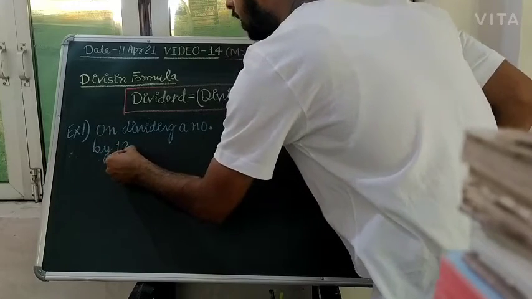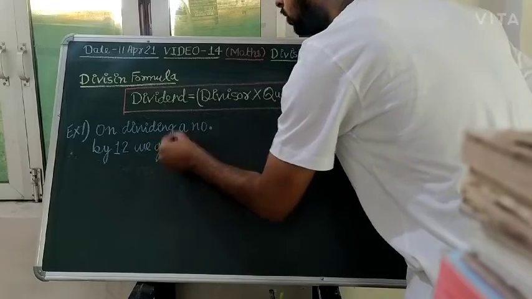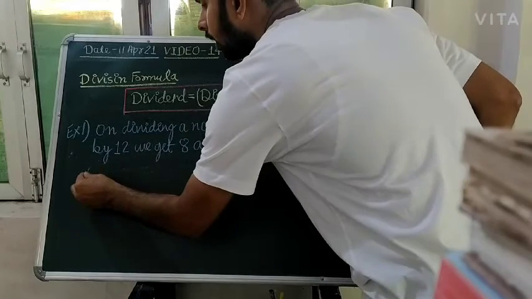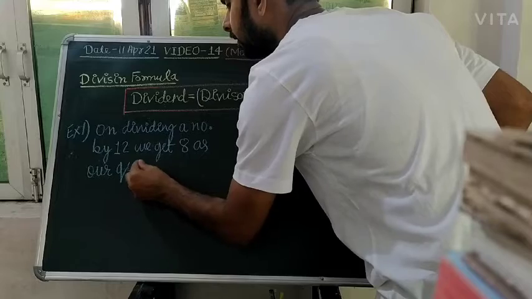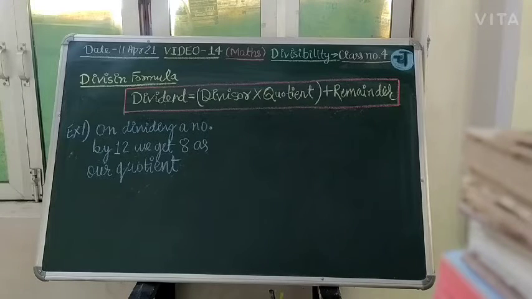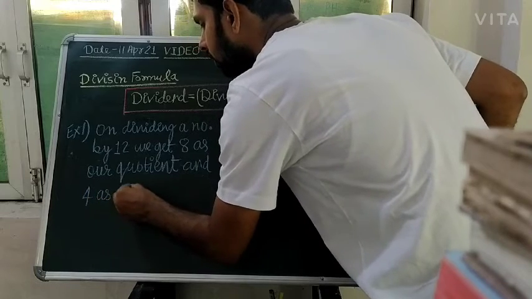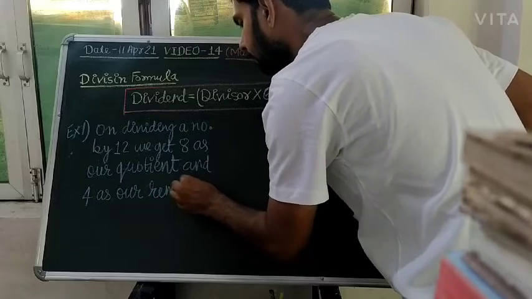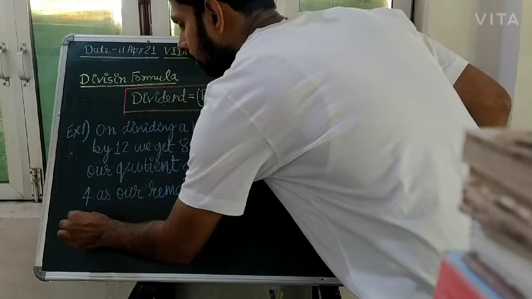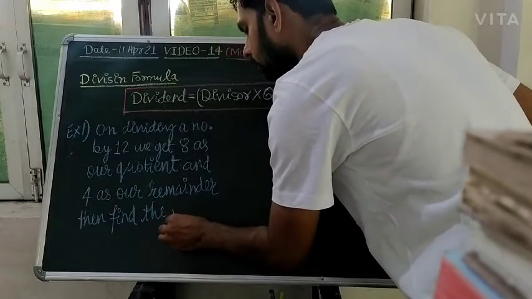On dividing a number by 12, we get 8 as our quotient and 4 as our remainder, then find the number.